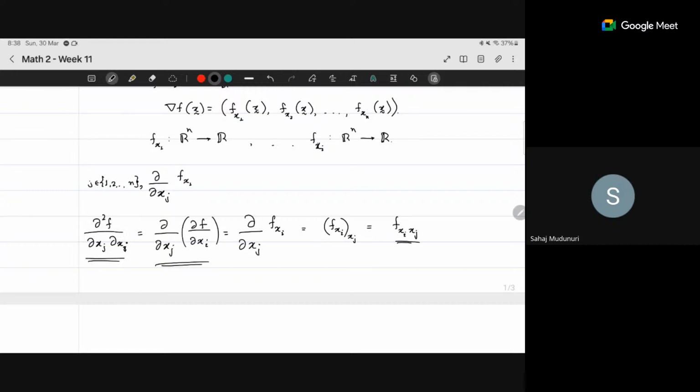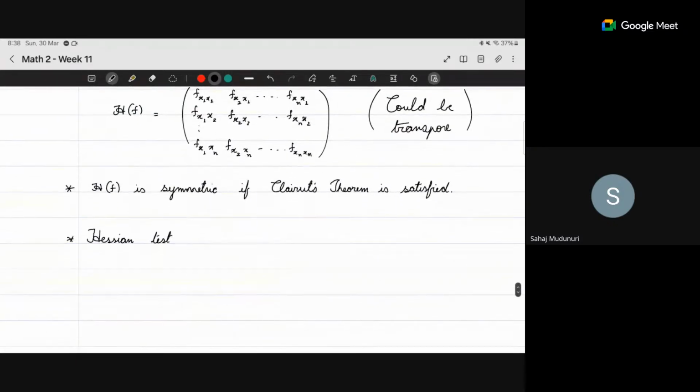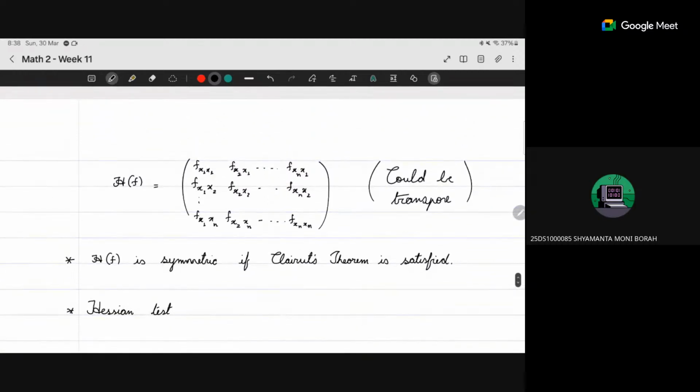That is why here j comes first and then i when you're writing, but actually you're differentiating i first and then j. So for the same thing, you have i before j over here and j before i over here, but that should not be confusing if you understand why it is written that way. Got it, sir. So this comment about the transpose, I'll remove it. This is correct.